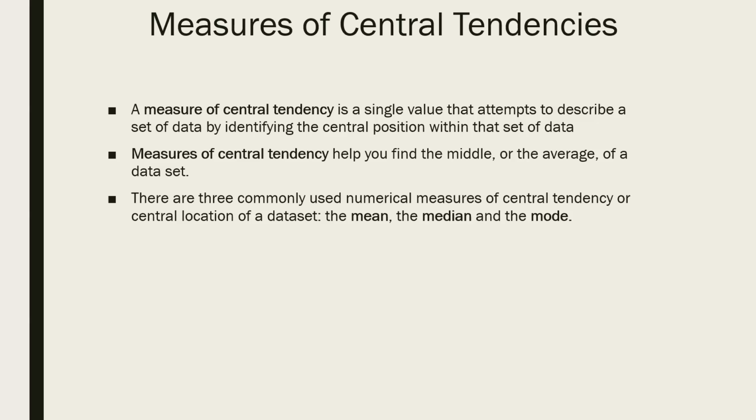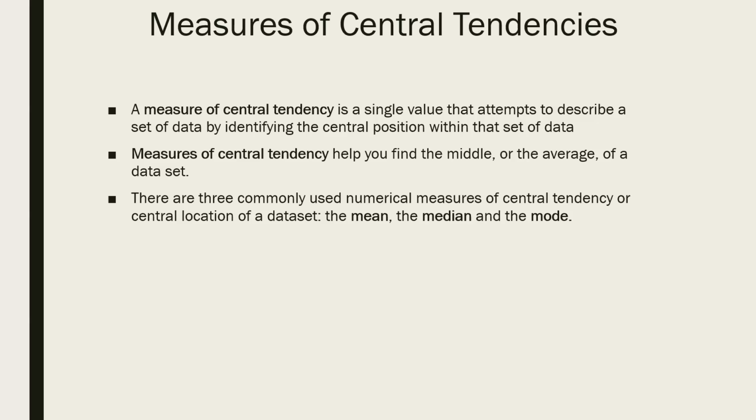Today we're going to look at what we call measures of central tendencies. By definition, a measure of central tendency is a single value that attempts to describe a set of data by identifying the central position within the set of data.